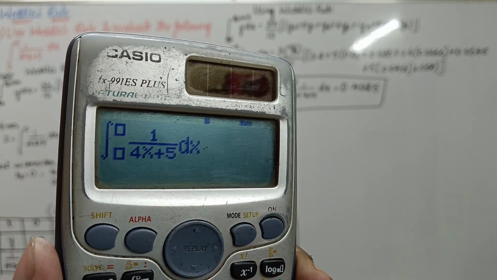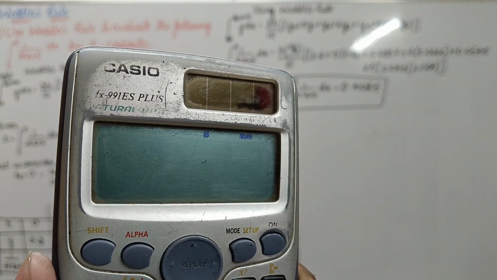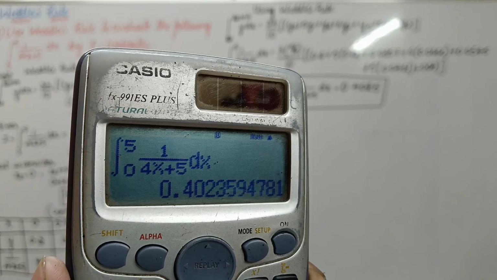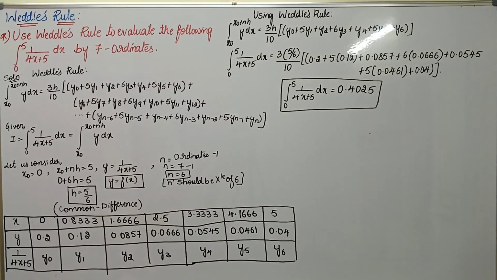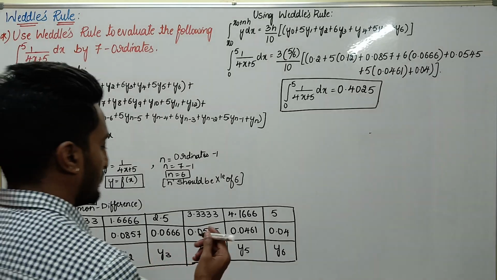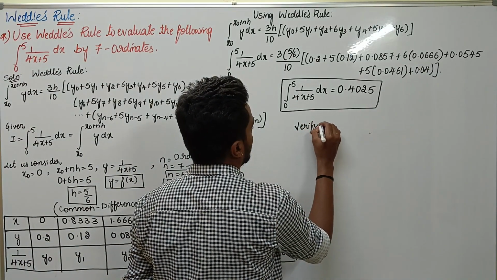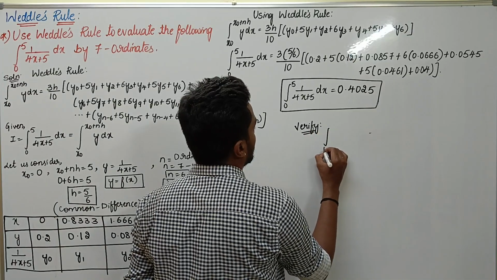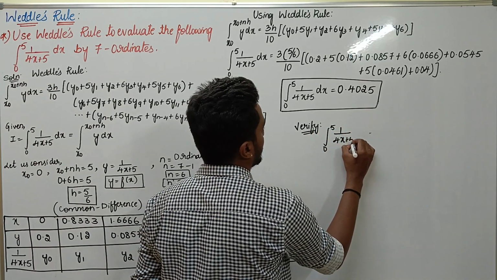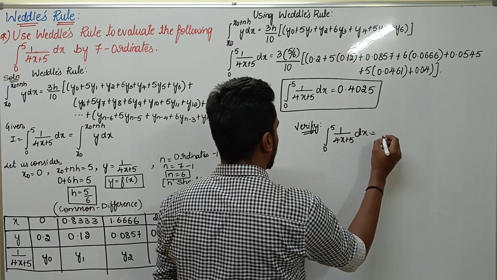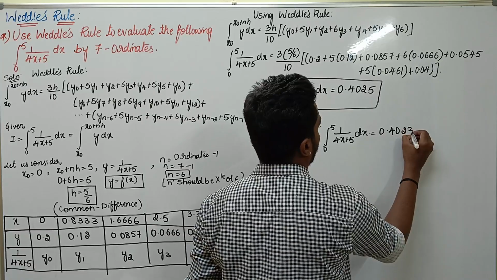Press the lower limit 0, upper limit 5. You get 0.4023, which is the approximate value of the given integral. Verify, where you get the integral from 0 to 5 of 1 divided by 4x plus 5 dx is equal to 0.4023.